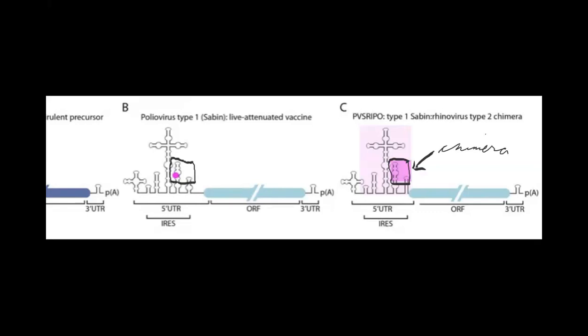Basically, and I'll go into the details, but basically, this mutation, this chimera allows for it to translate in tumor cells. Tumor, for the glioblastoma, not in normal neurons.